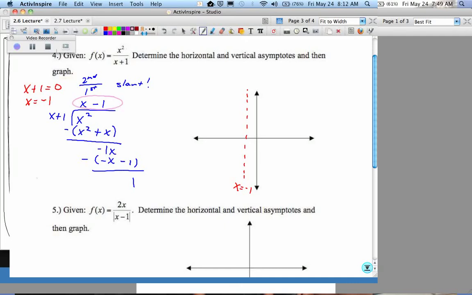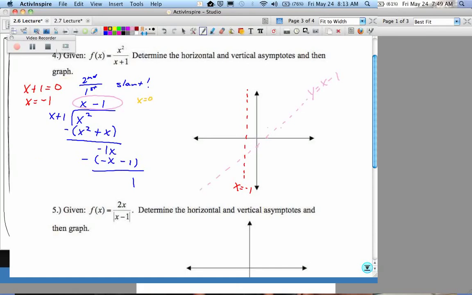So we're going to graph x minus 1. So that would be down 1 for its intercept. A slope of 1 means go up 1 over 1, up 1 over 1. So it's kind of lining up there, and I will label it y equals x minus 1. What happens when I plug in 0 for my x?